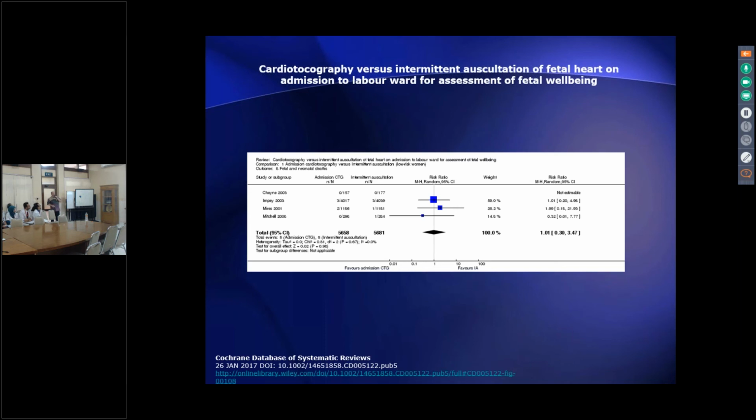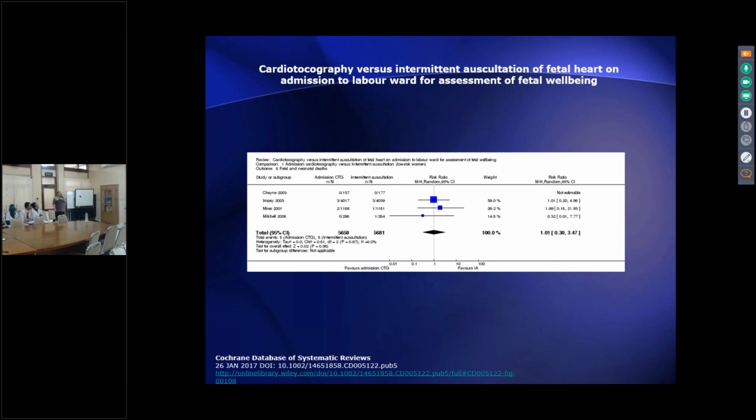The other 3 studies each presented data on perinatal mortality. So none of the 3 studies found a reduction in perinatal mortality associated with admission CTG. And when you pool the evidence together, the diamond, the meta-analysis, is bang on the center, absolutely zero evidence demonstrating a beneficial effect for the admission CTG on perinatal mortality.